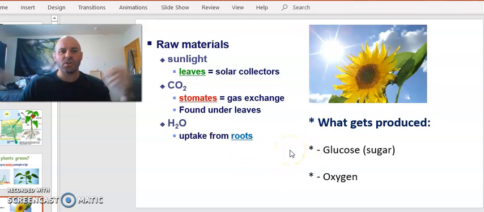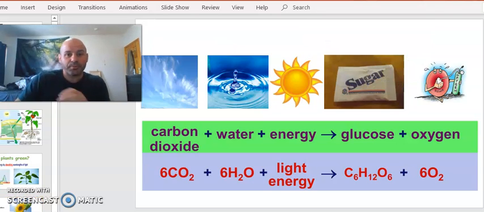Now, other than sugar, which forms the base of all of the food chains, what else do plants make that we definitely need to stay alive? Right, oxygen. So plants produce that oxygen that we need to breathe as a product of when they make their own food. So let's do a quick recap.